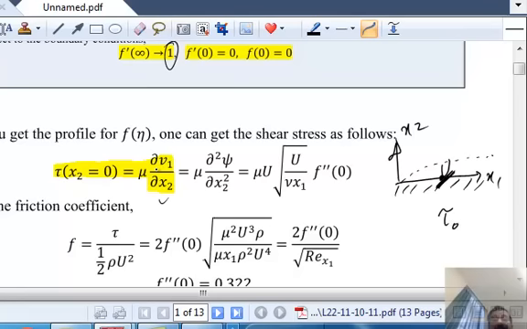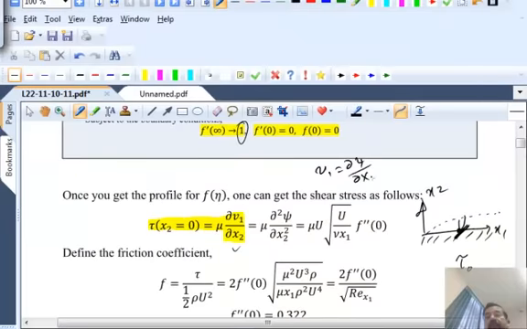And so that is the definition for what a shear stress is in terms of the rate of shear rate components. But we know that v1 is equal to dpsi/dx2. Our solutions are all in terms of the stream function. Okay, so we make that substitution and express the shear stress in terms of the derivative. So it becomes the second derivative of psi with respect to x2 squared. But we have already obtained the solution.